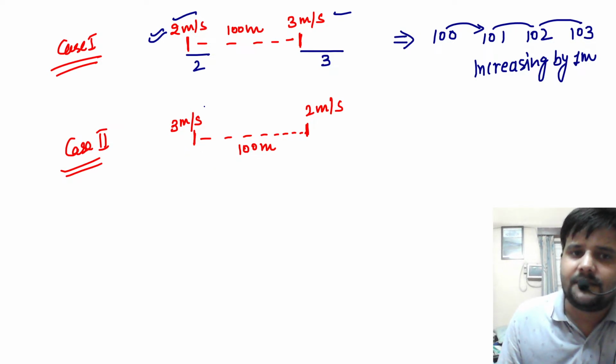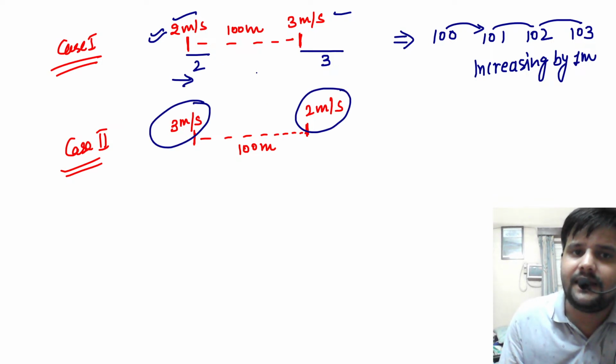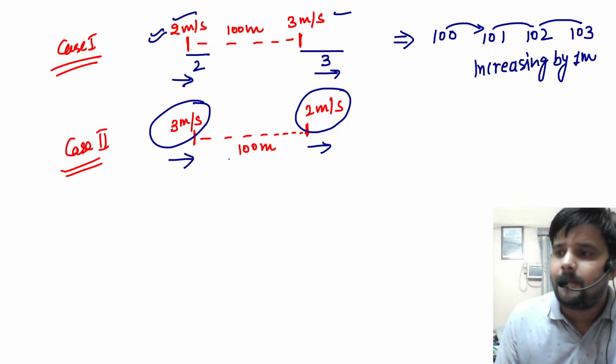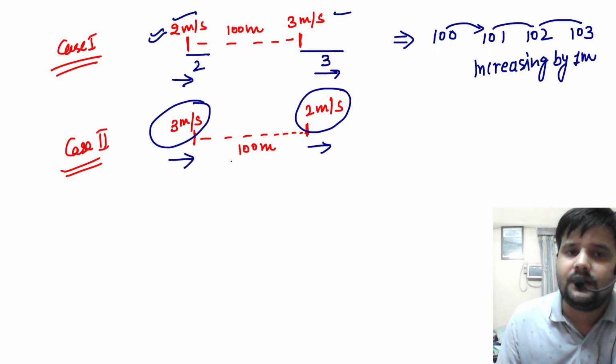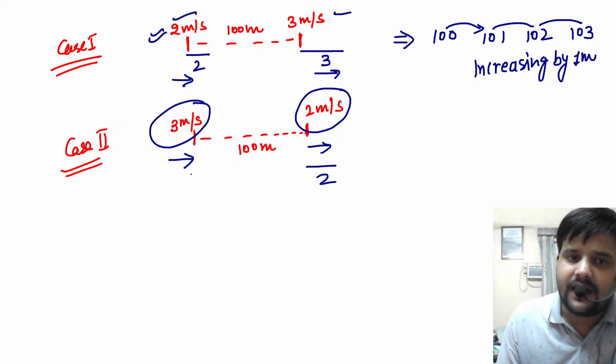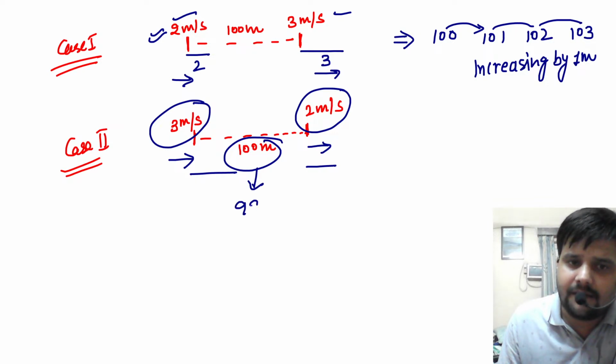In the second case, the person behind has a faster speed and the person running ahead has a slower speed. I am assuming that they are running in this direction. Do not confuse yourself. After the first second, this person will cover 2, but this person will cover 1 extra compared to that. So if their distance is 100, after 1 second the distance will become 99, and then 98.